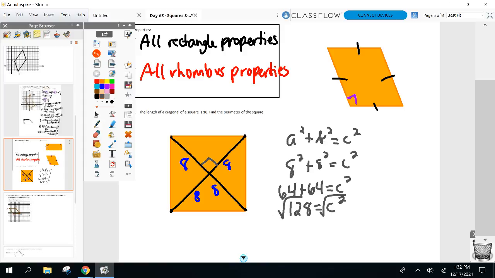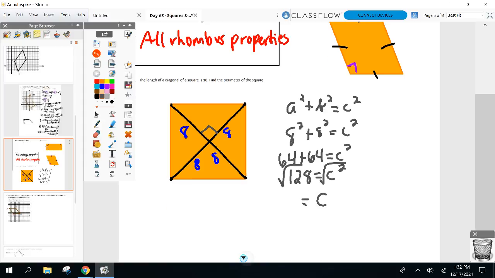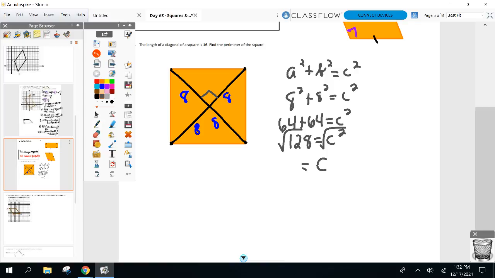Don't even think about touching your calculator. Do you think I want that decimal in an honors class? Absolutely not. What am I going to ask? Simple radical. Break it down. Break down 128. I don't want a decimal. Come on, you're above that. Anybody know a perfect square?